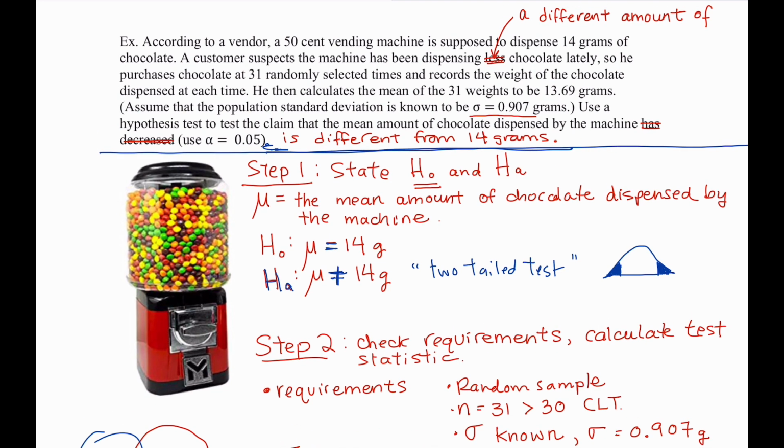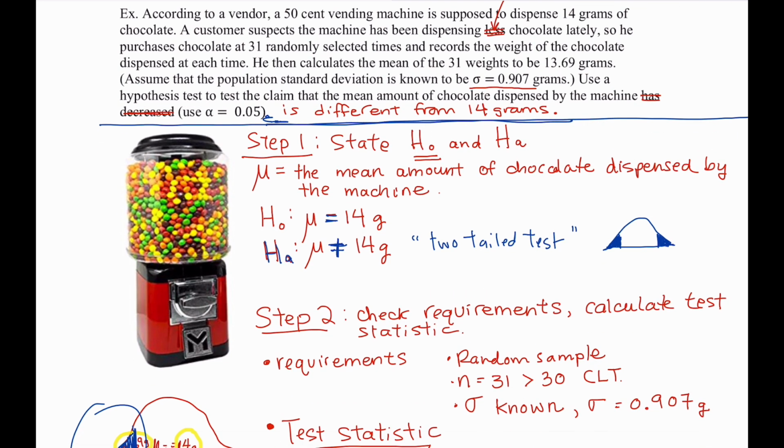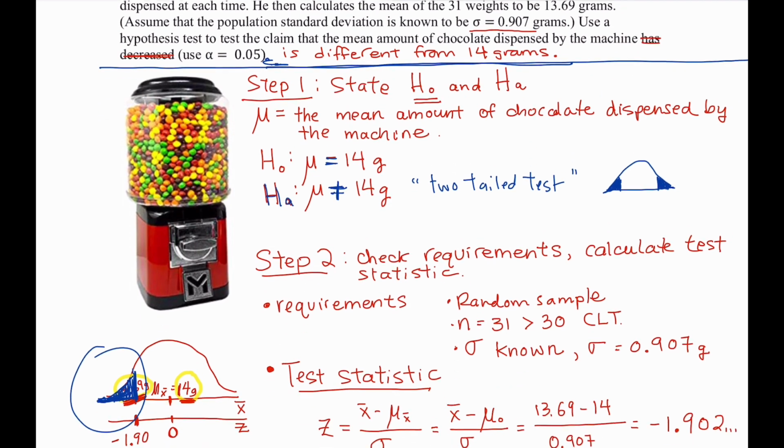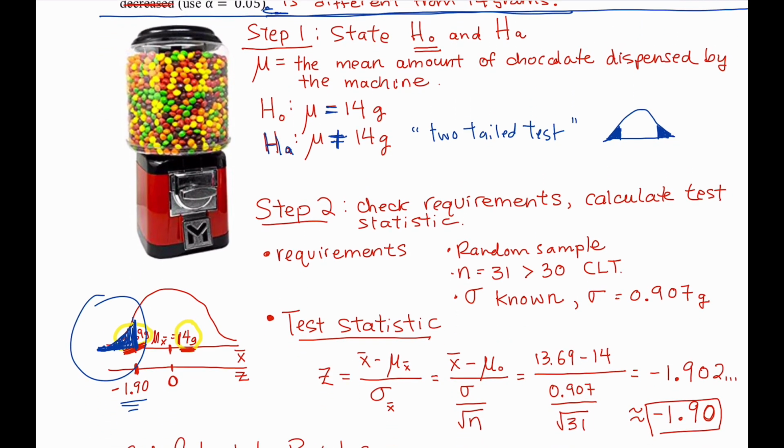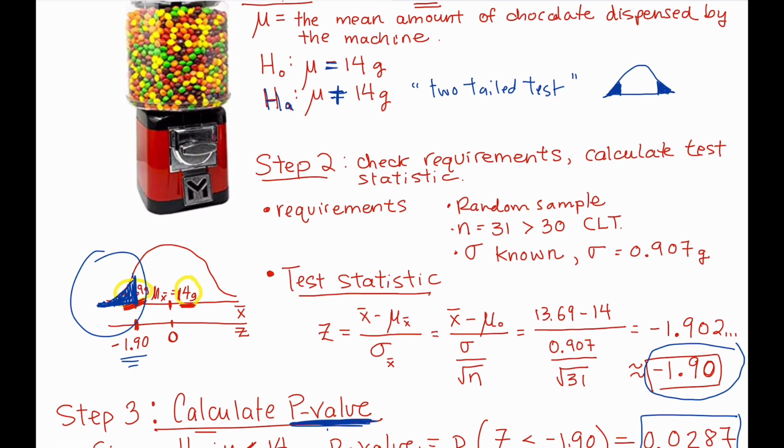The requirements are still exactly the same. As we move on, when we calculate the test statistic, that is also not going to change. We're still going to have the test statistic of negative 1.90. The next change is going to come when we calculate the p-value.